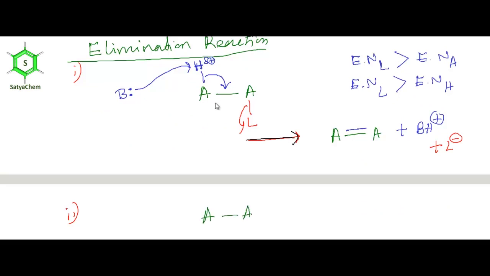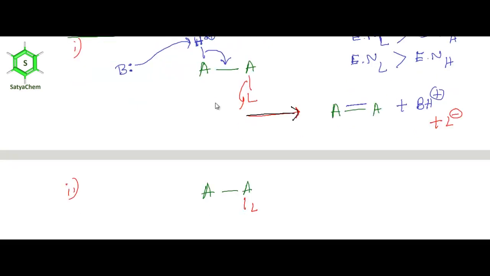We have the A-A bond, the A-L bond and the A-H bond. Now we may think that before the attack of B on H, L departs. L departs and it leads to the formation of a cation and L minus.